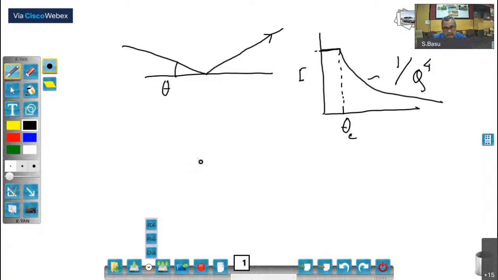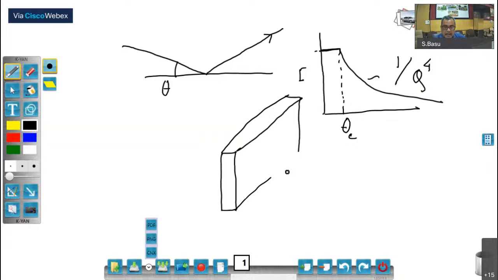If that is the case, then let me tell you, I can make structures like this, I hope my drawing is good enough for you to understand. So I can make structures like this where the inside face is coated with a good neutron reflecting material.